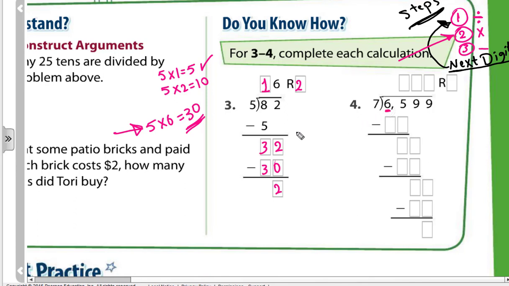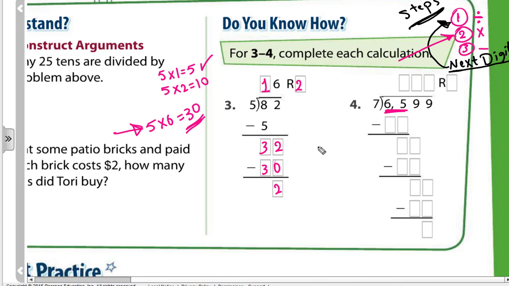6 divided by 7. And remember, my hero, that 6 is less than 7. So we cannot divide 6 by 7, right? So we need to divide 65. 65 divided by 7.